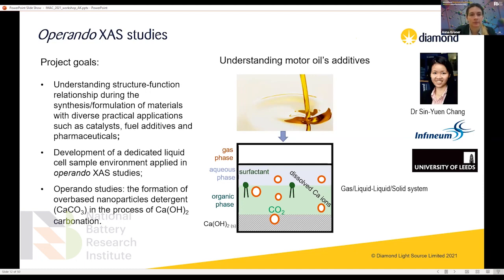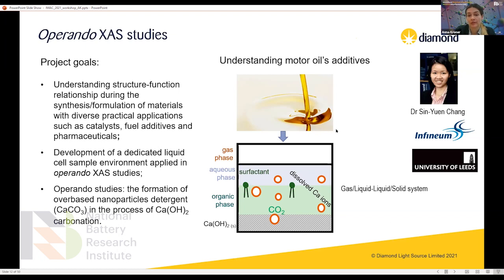The main scope of that project was to study the early stages of nucleation of calcium carbonate. This very simple molecule still is not completely understood, and it's quite desired by a range of different industrial sectors, which include pharmaceuticals, fuel additives, and catalysis.